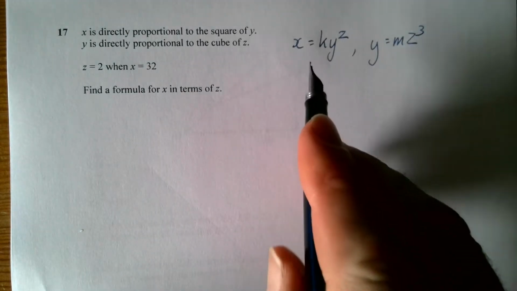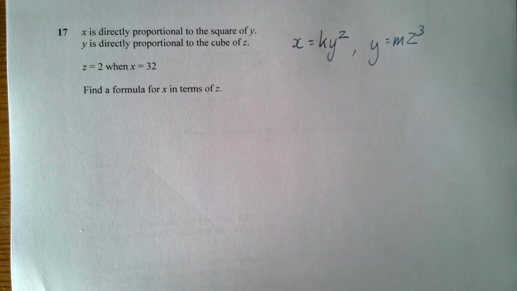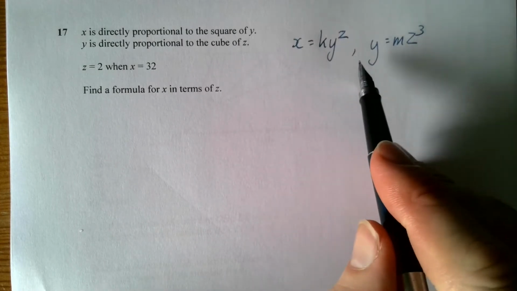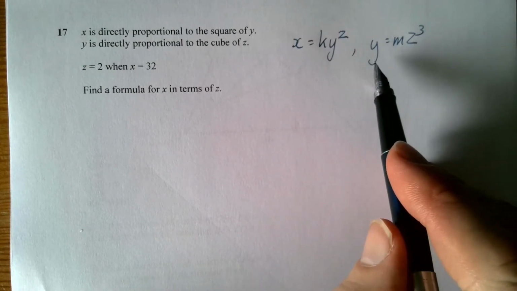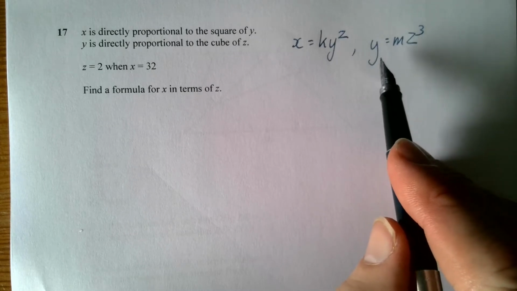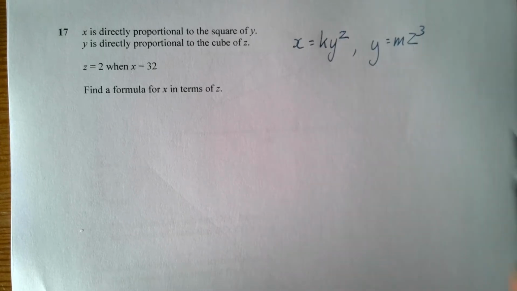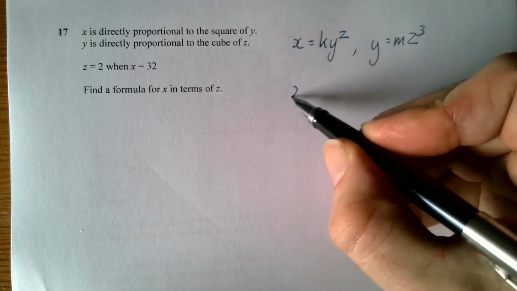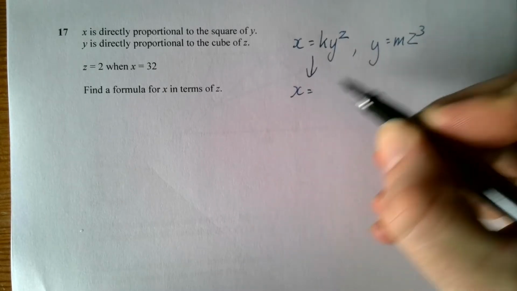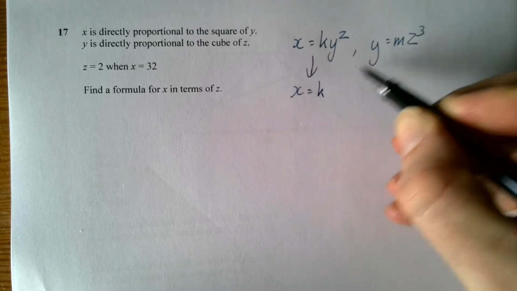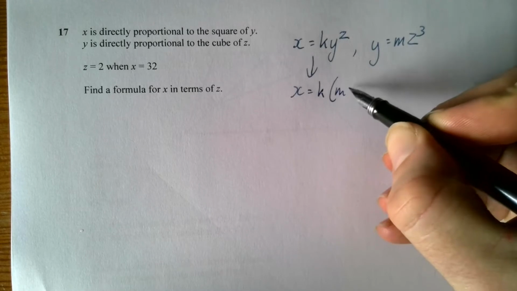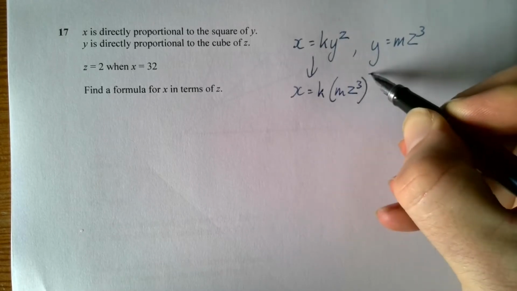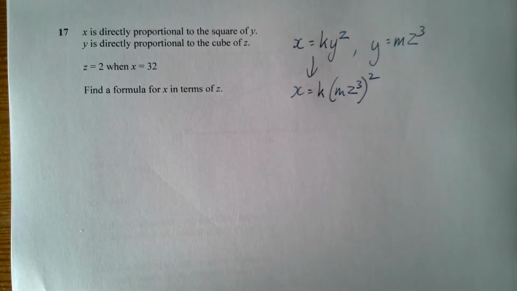But I want to know x in terms of z, so how about if we put what we know in there instead? So what I mean by that is, instead of saying y, I can say that this will become k times mz cubed all squared, because that is y.